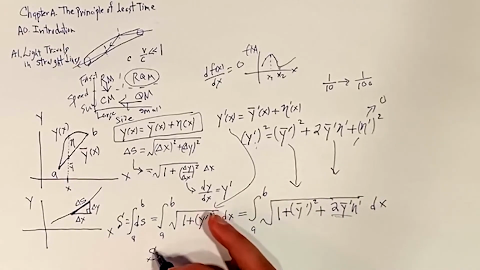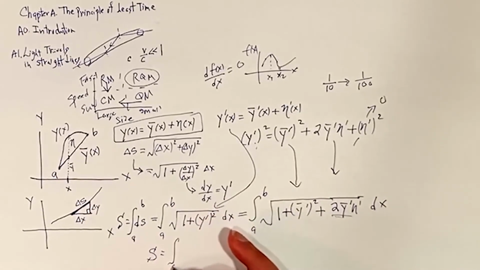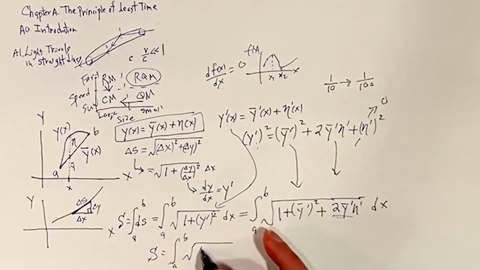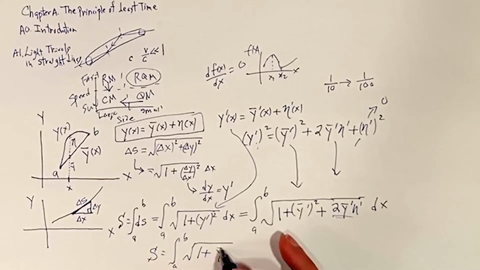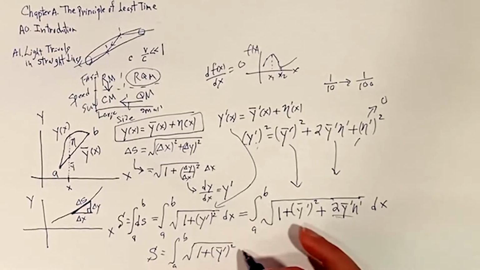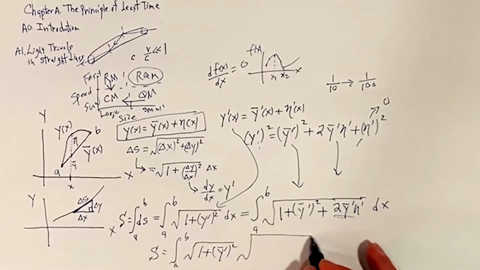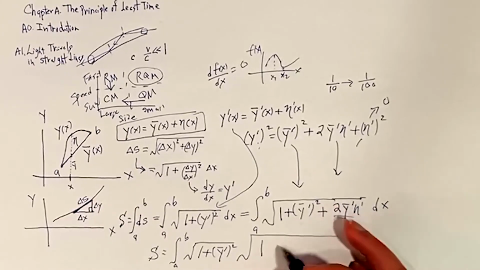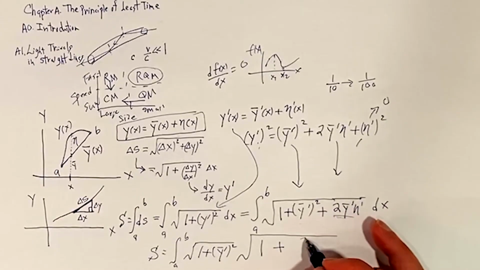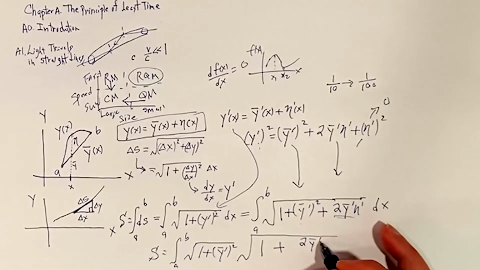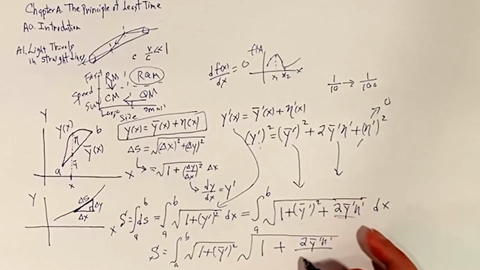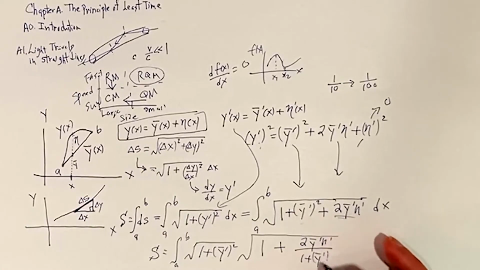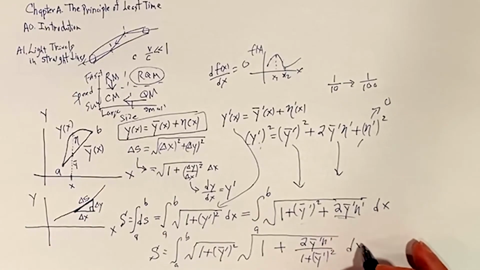We're going to take the S and pull out the square root of 1 plus y bar prime squared. If I pull that out, I get a 1 here, and over here I have to divide by the 1 plus y bar prime squared, dx.